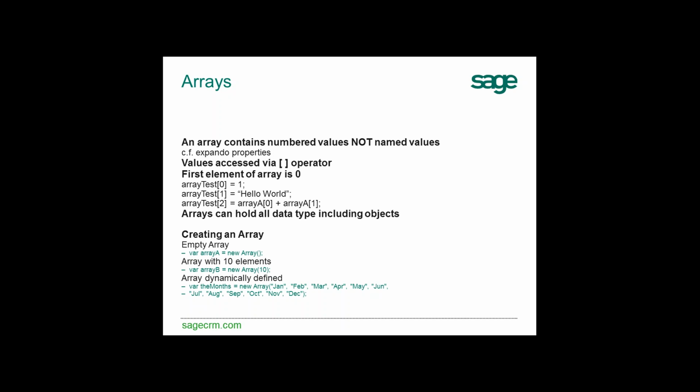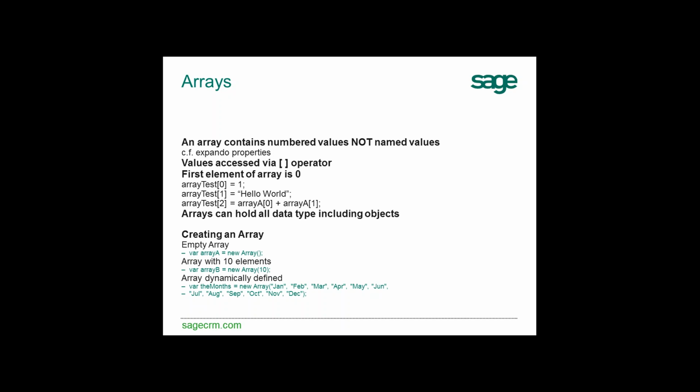Here you can see arrays work on the basis that they have a declaration in which you can declare it either as an empty array to which you would then add an item, or you set the array up with a dimension of the number of elements that you expect, or you can add the items into the array as you declare it. So you've got different ways in which you can do this.